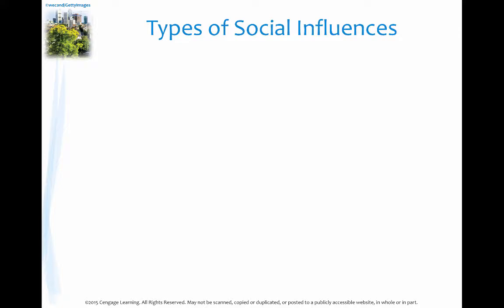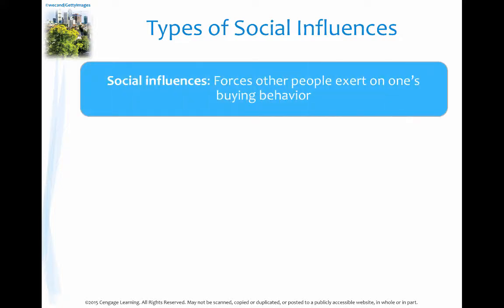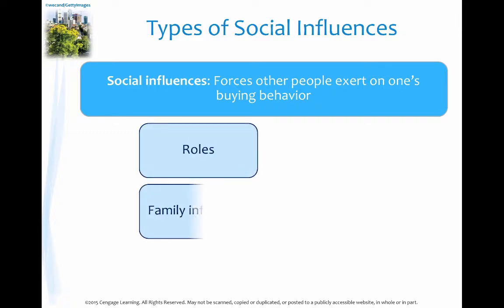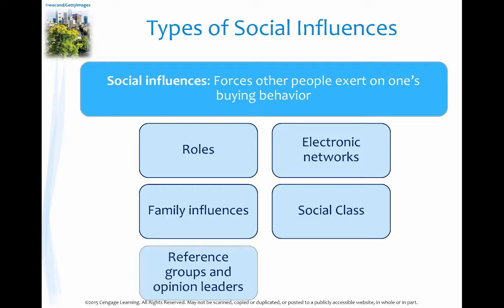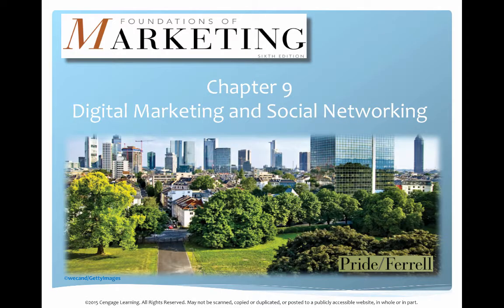Social influences are forces that people exert on buying behavior. They include roles, family, reference groups, and opinion leaders, electronic networks, social class, culture, and subcultures.